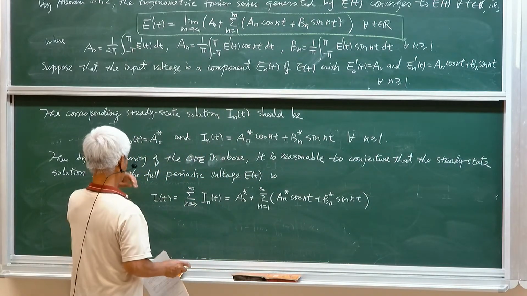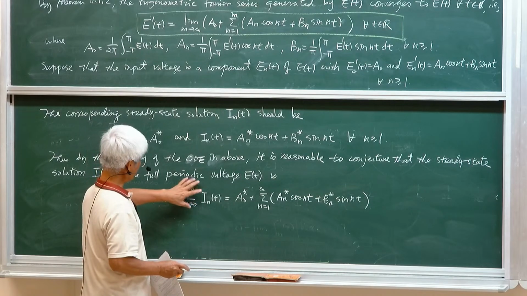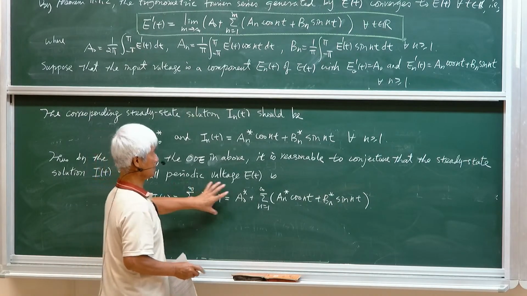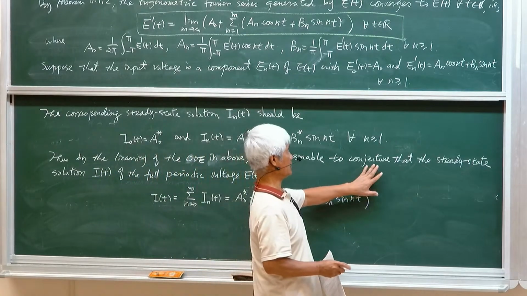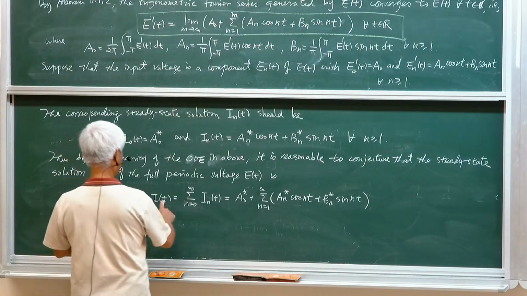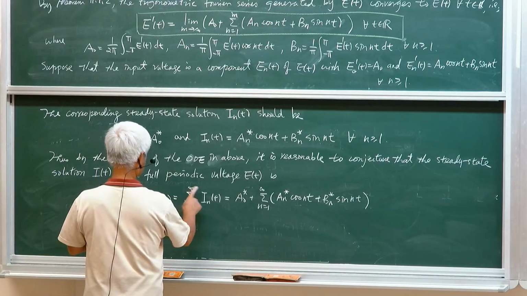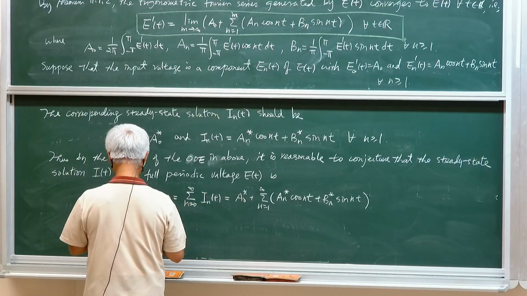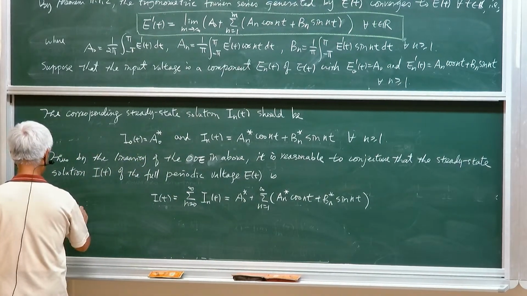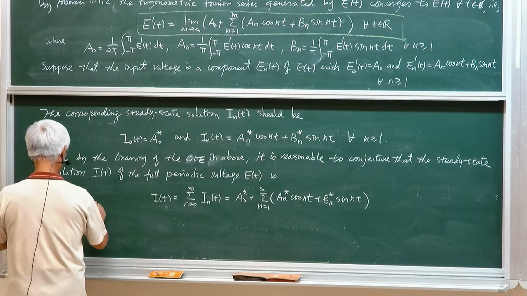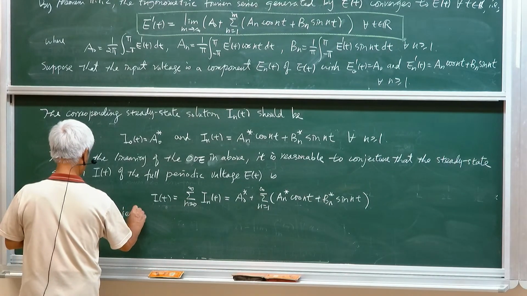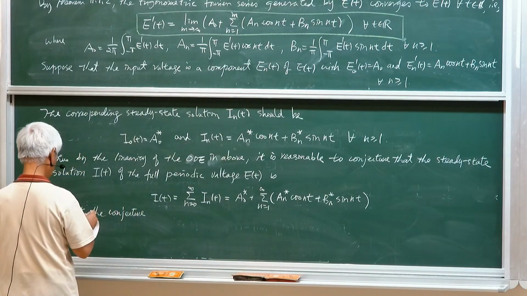But if you include infinitely many terms, then this is questionable. So we just say this is a conjecture, that the solution is just a series sum. All right, so we need to justify the conjecture.